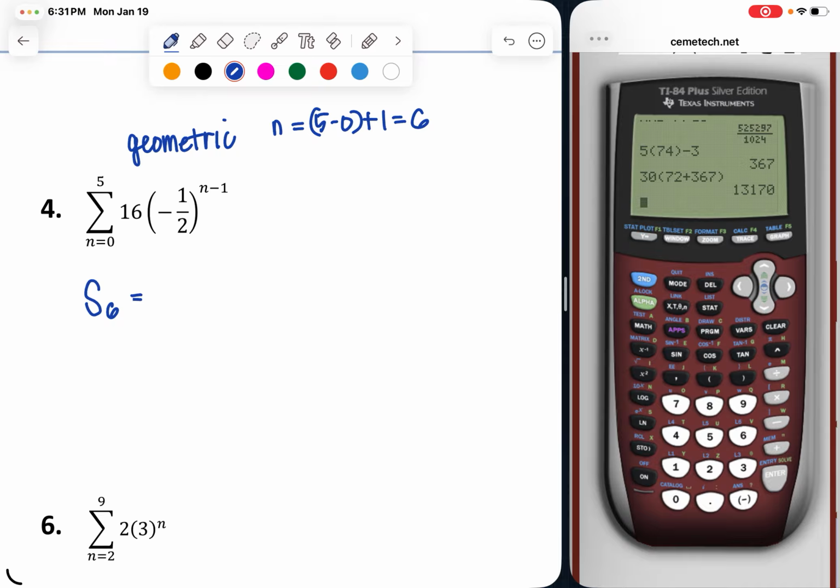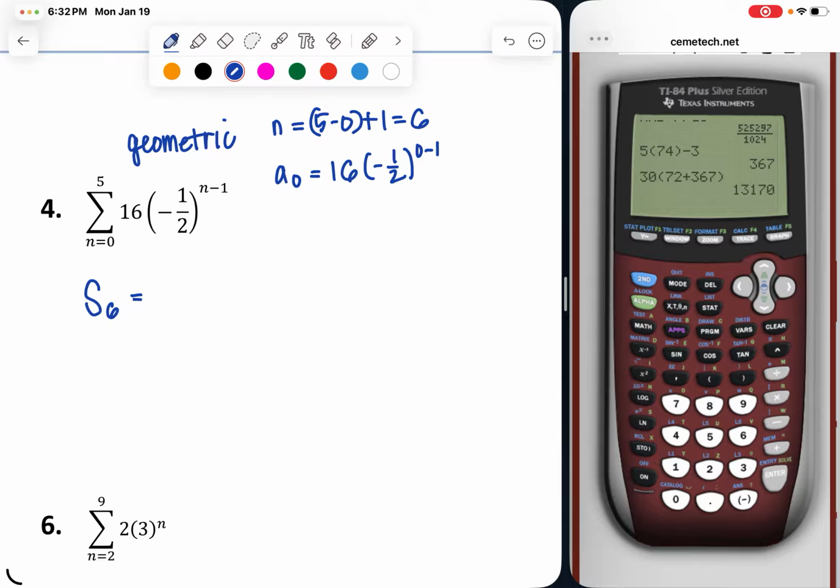And then for our geometric series, we have our first term, a sub 1. So we need to plug in 0 for n, a sub 0, and see what we get. So we have 16 times, and once again, if this was 1, then my first term would be 16, but it's not. 16 times negative 1/2 to the 0 minus 1 power.